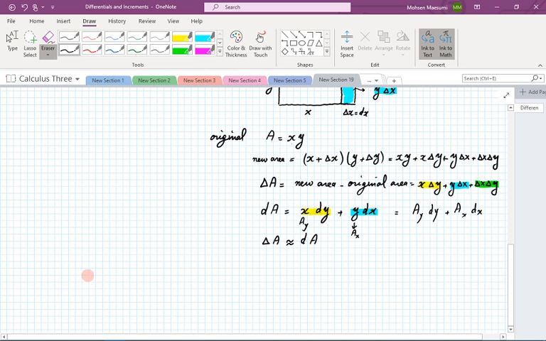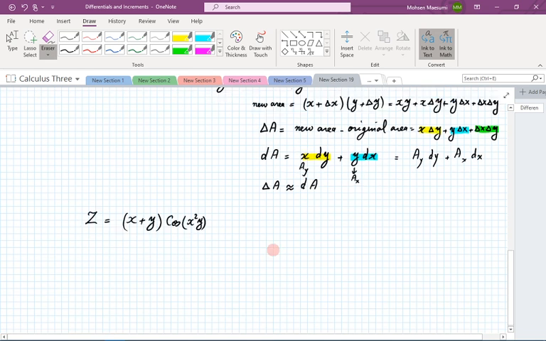Suppose I have z equal to, let's say, x plus y times cosine of x squared y. Some rather complicated expression.